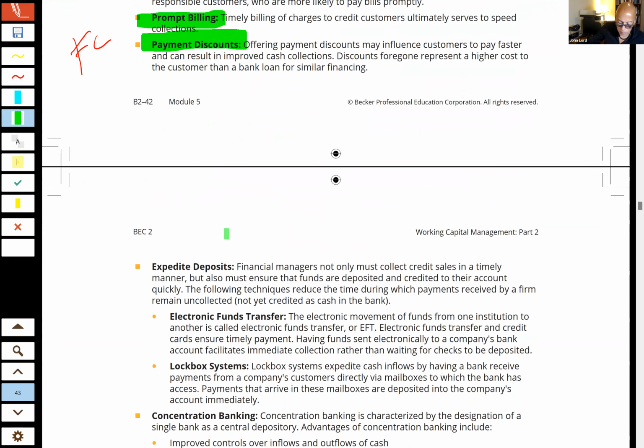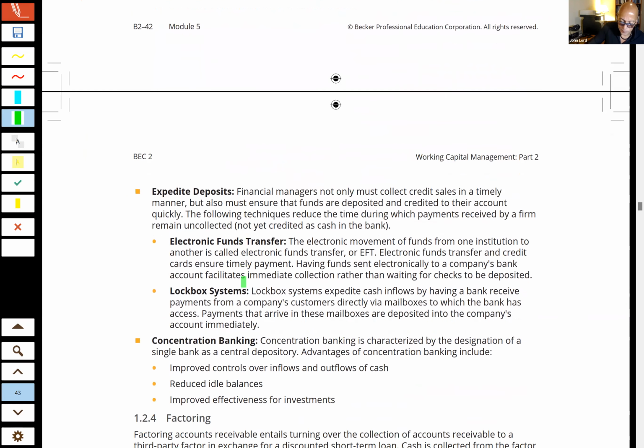Okay. Expedite deposits. And a couple of ways to expedite deposits is by electronic fund transfer. Just have them transfer the money so you don't have to deal with checks. Lockbox system, have all payments go directly to the bank, so you don't have to collect the receivables, and then there's a period between the time that you collect them in which they get deposited to the financial institution.